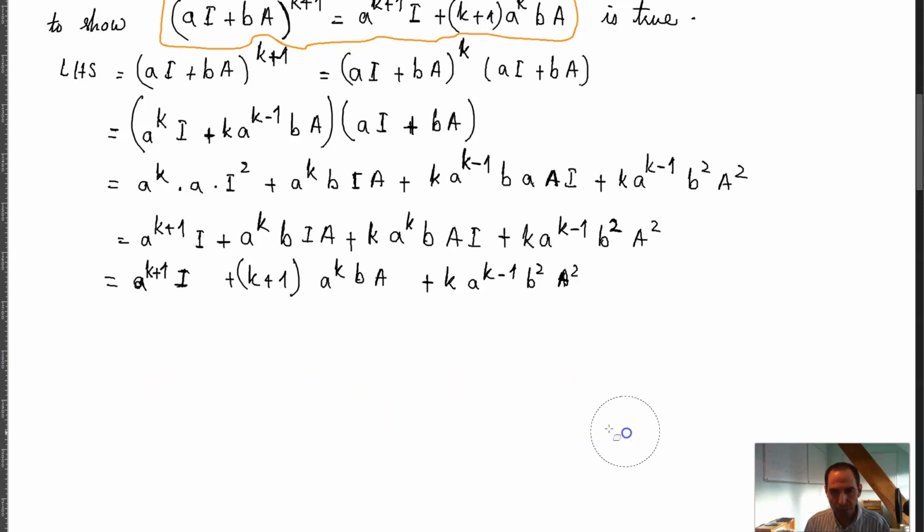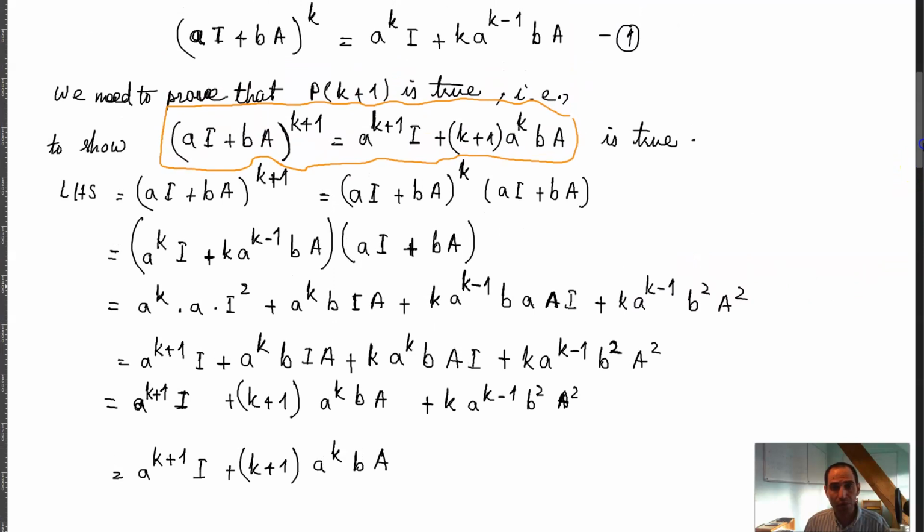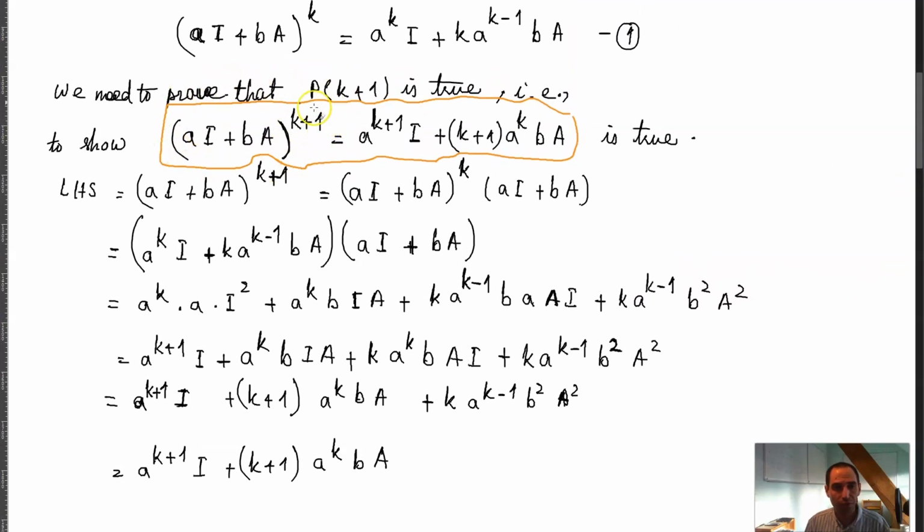So then A squared is equal to 0, and therefore you can write this as A raised to the power K plus 1 times I plus K plus 1 times A raised to the power K times B times A. And that is the same thing as basically the LHS of this, which is actually equal to A raised to the power K plus 1 times I plus K plus 1 times A raised to the power K, which is equal to the RHS.